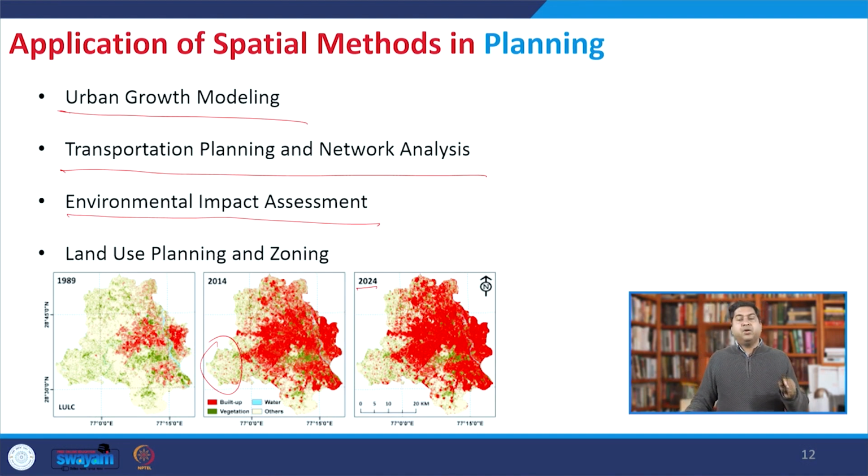In fact, if you recall this sort of map during the COVID time, different organizations came up with spatial maps showing the active cases of COVID-19 in different places. So we have a world map, a country map, then certain city maps.